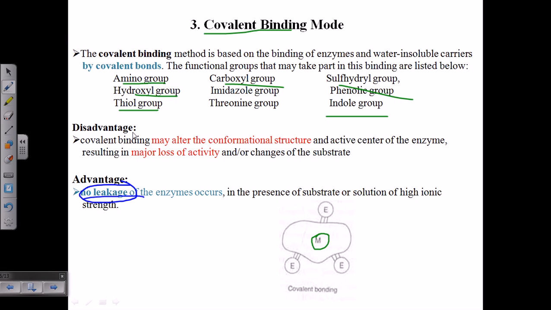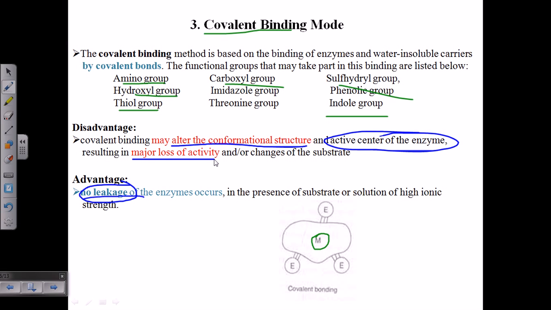And the disadvantage is also there due to the kind of covalent linkage. We know this covalent linkage is very strong, and it is sometimes irreversible, so the covalent binding may alter the conformational structure of the enzymes. Now if it can alter the structural conformation of the enzymes in the active center of the enzyme, so due to the change in the active site of the enzymes, it can have a loss of activity for the enzyme.